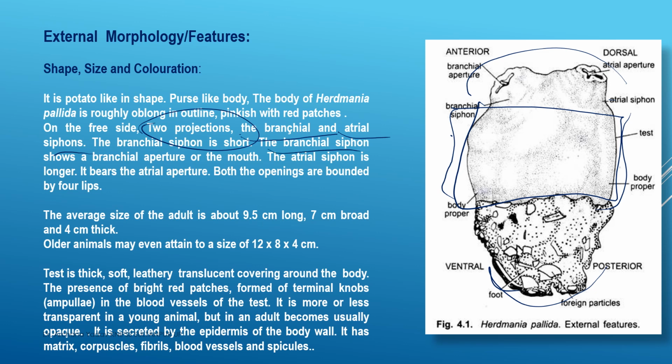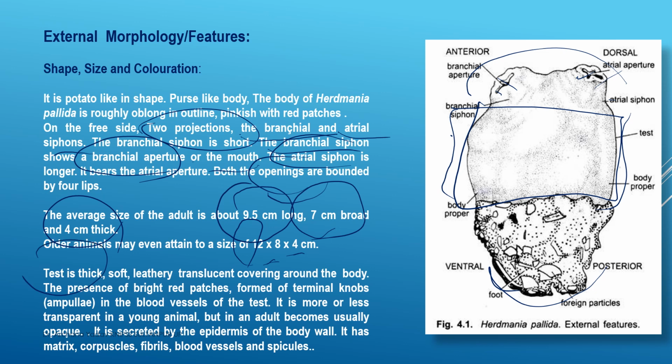The branchial siphon shows the branchial aperture or mouth, and the atrial siphon shows the cloacal opening, and the atrial siphon is longer than the branchial siphon. The average adult size is approximately 9.5 cm long, 7 cm broad and 4 cm thick. Older animals attain approximately 12 cm long, 8 cm broad, 4 cm thick.